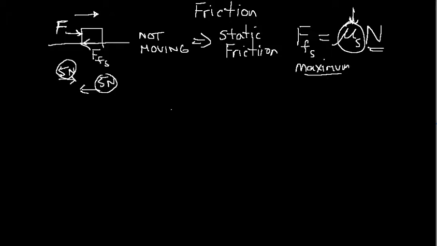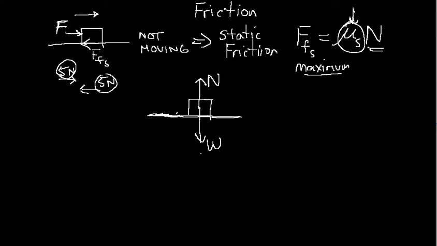So let's review what this normal force is. If I have a box sitting on the floor, I have the force of gravity here, which is its weight. And then I have the force of the floor pushing up on the box, and we call that the normal force. Normal because it's perpendicular. Normal is another word to describe this concept of being perpendicular. It's normal to the surface that your object's sitting or resting on, so it's always straight up.